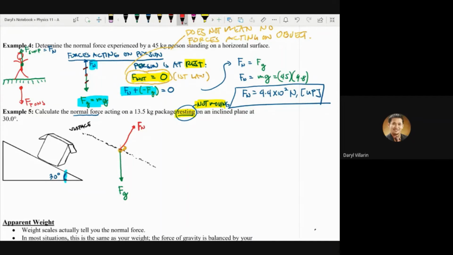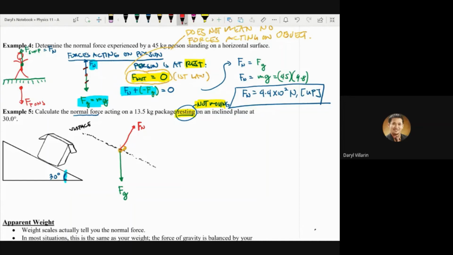Fn is not always upward. If the object is lying on an incline, the normal force is also tilted like this. It's not going straight upward, because by definition the direction of your normal force is always perpendicular to and away from the surface.